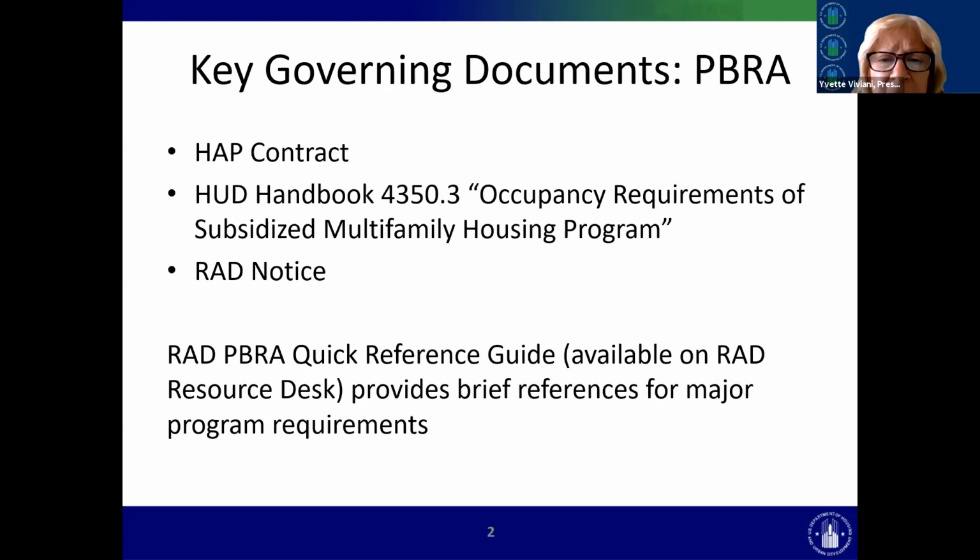So you need to ensure that that effective date is correct, that your contract rents that are in your exhibits are correct, and your utility allowances are correct. And those are in part 1 of your HAP contract. Again, very, very important to make sure those are correct.